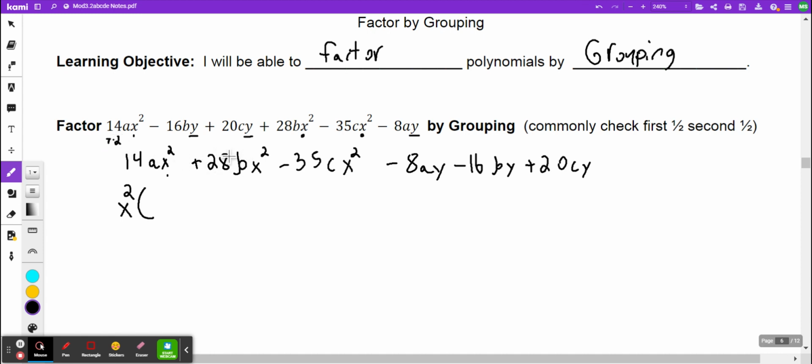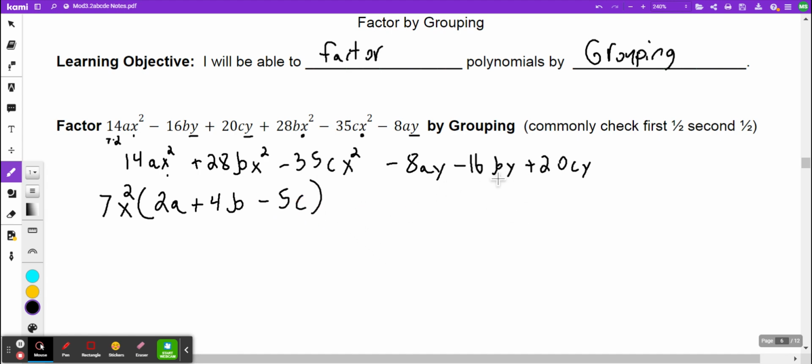And then, hey, 28, that's 7 times 4. And this is 35, that's 7 times 5. So I can pull out a 7 and an x squared. So 7x squared times what equals the first term? 2a. And then right here, this should be plus 4b. And then finally, I should have minus 5c.